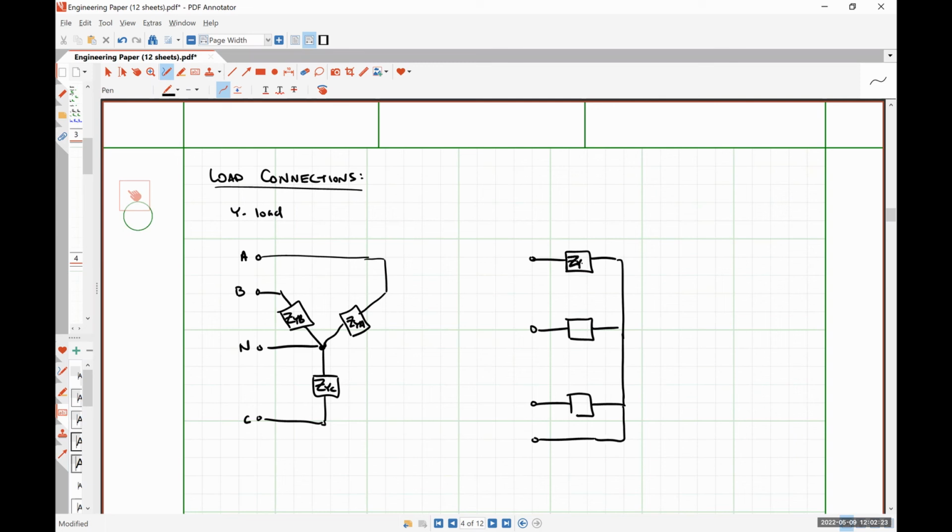So here's ZYA, ZYB, ZYC, where this is terminal A, B, C.